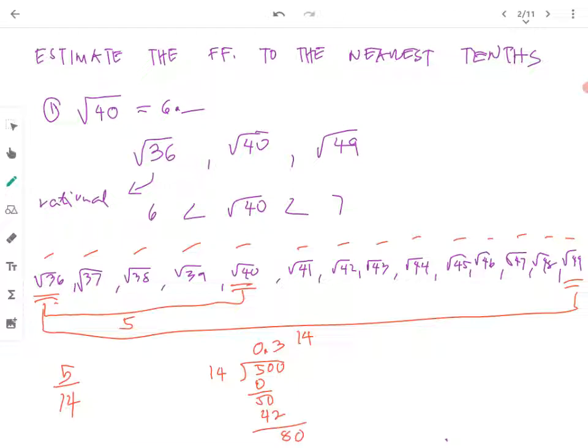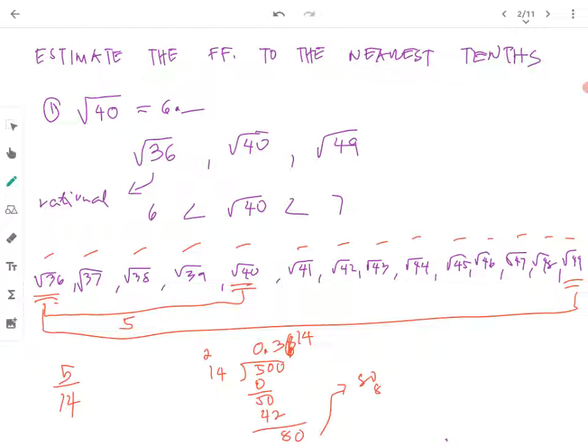We need the hundredths place, because that's what we're going to use to round off. 80 divided by 14 is, I think, 7. 7 times 4 is 28, then 7 times 1, that's more, so it's 6.